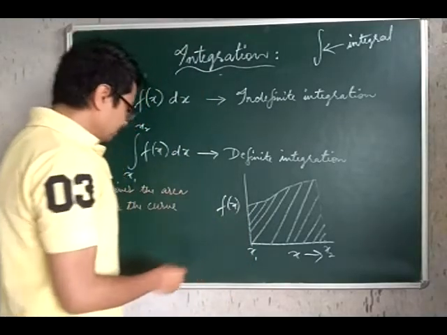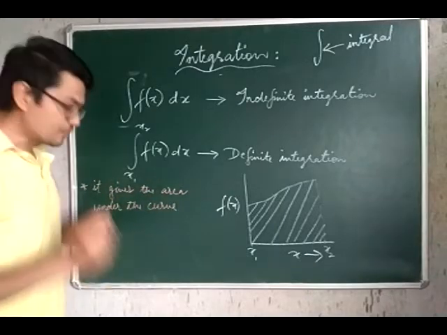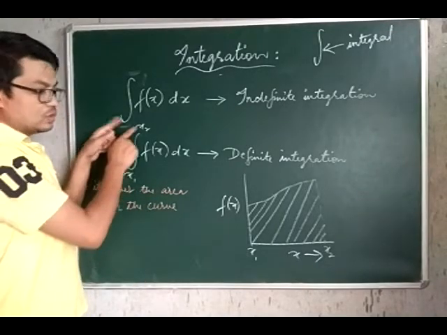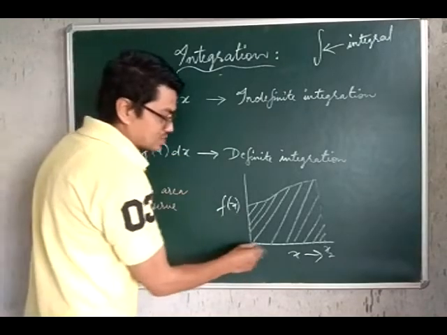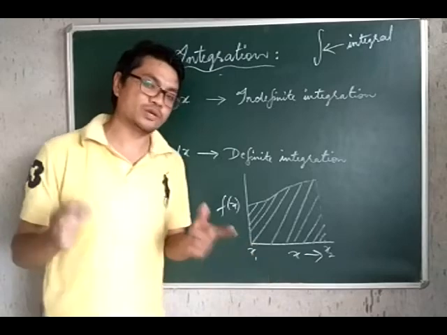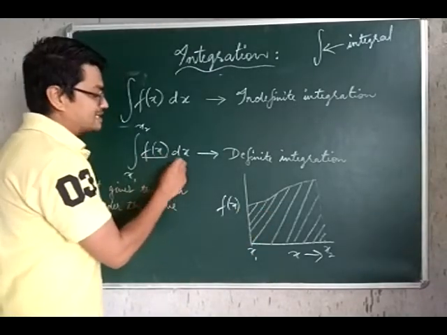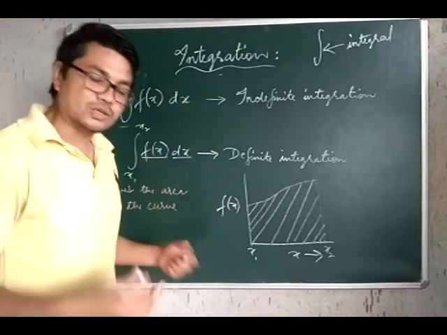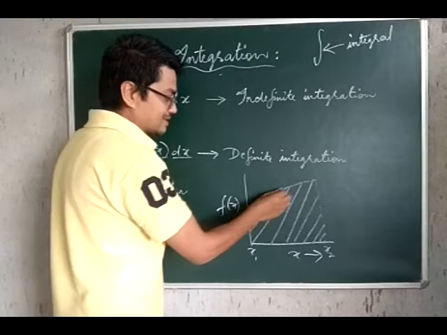So definite integration, mind you, gives the area under the curve from x1 to x2, when x is changing from x1 to x2. That area you are finding. Now, what is f of x into dx? Let us look into that. Now, f of x is this certain function you can see.